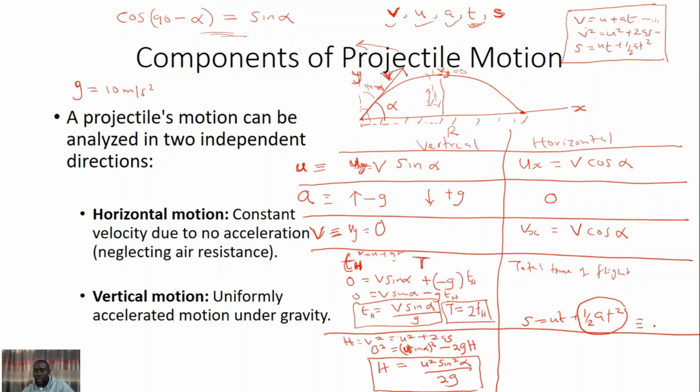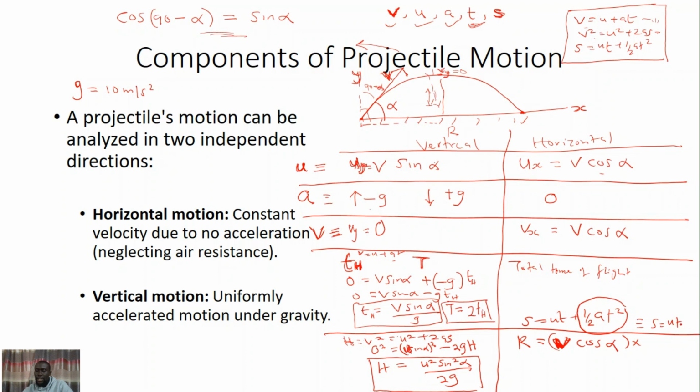So we'll be left with s equals ut. That's what we'll be using. In this case, our s will be the range, r, which equals u, the initial velocity, and the initial velocity along the horizontal component is u cos alpha, times t.